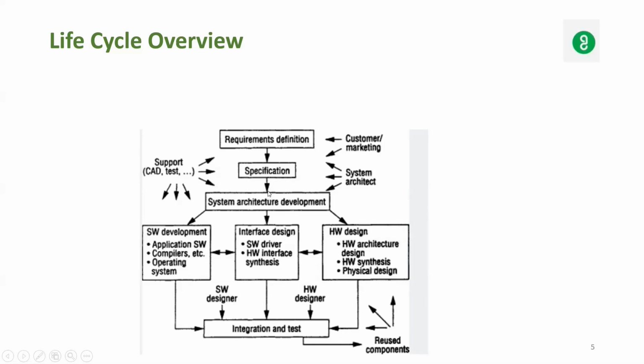Here you have to partition the software module and the hardware module, and an interface needs to be designed to communicate between software and hardware. For this interface, you need a software driver and hardware interface synthesis. Once all these three modules are designed for a product, it is taken for integration and testing.